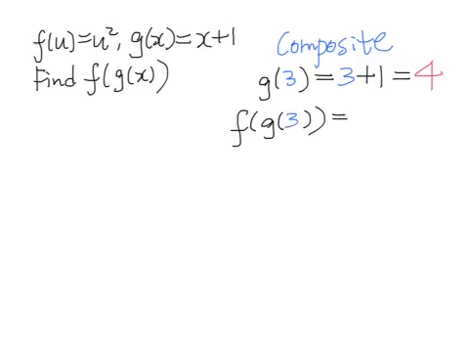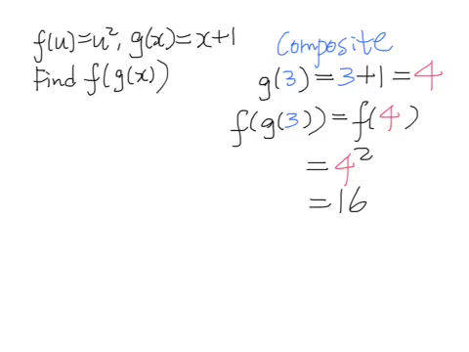Then I know it equals f of 4, because this equals this, so this will directly go into here. So u here becomes 4, and f of 4 is just 4 squared. So the final answer is 16 in this case, okay?